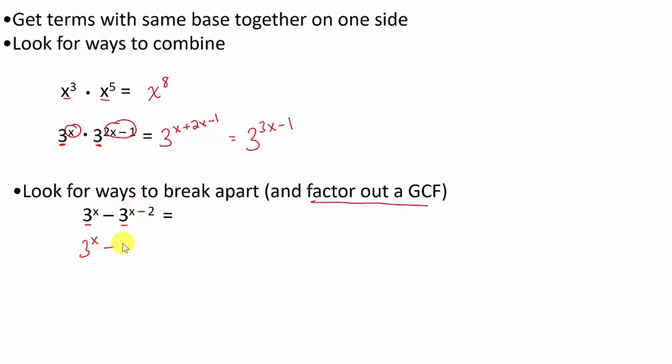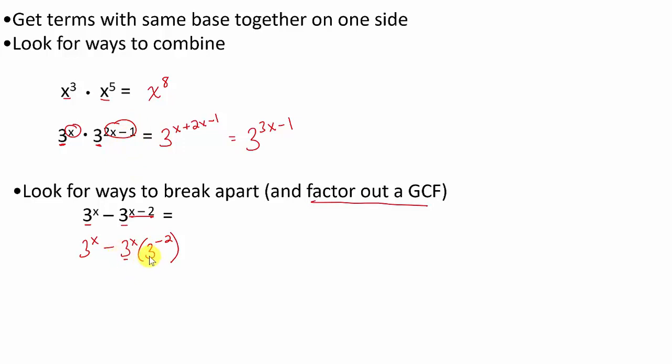I can break this apart as 3 to the power of x times 3 to the power of negative 2. The reason that's true is that if I wanted to put this back together, this is multiplication, so I would add powers. x plus negative 2 would give me x minus 2. So I can go forward and backwards using this rule. I can combine things and I can break things apart.